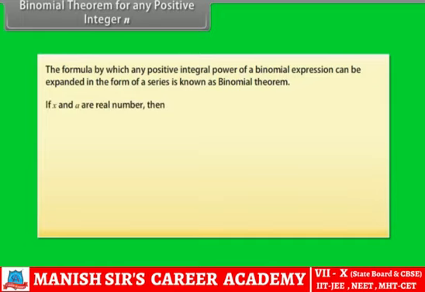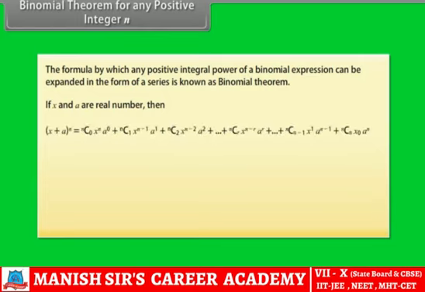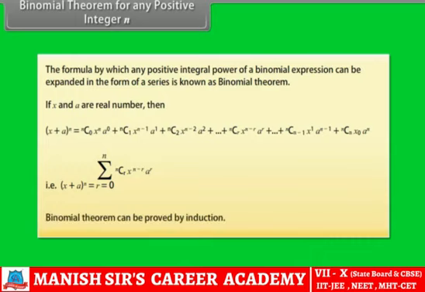If x and a are real numbers, then (x+a)^n is equal to the summation from r=0 to n of nCr times x^(n-r) times a^r. The binomial theorem can be proved by induction.